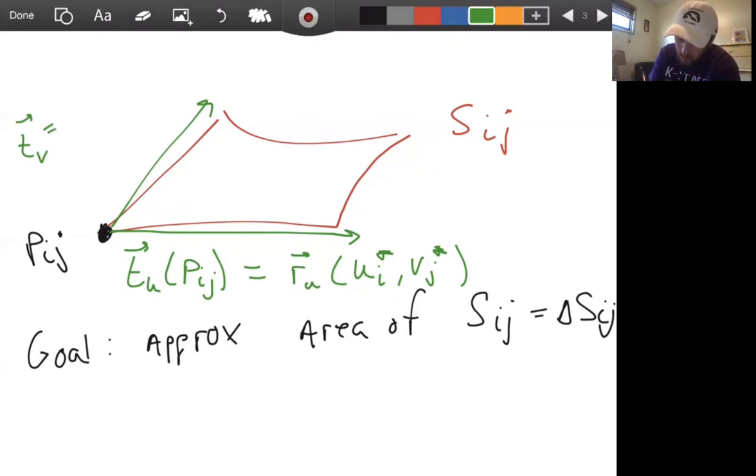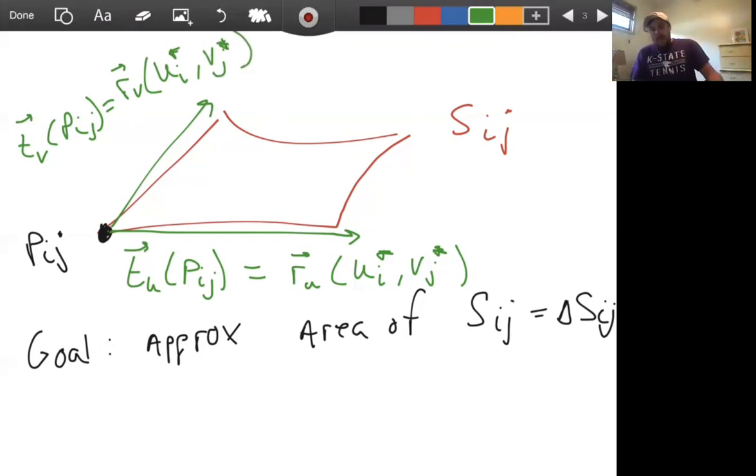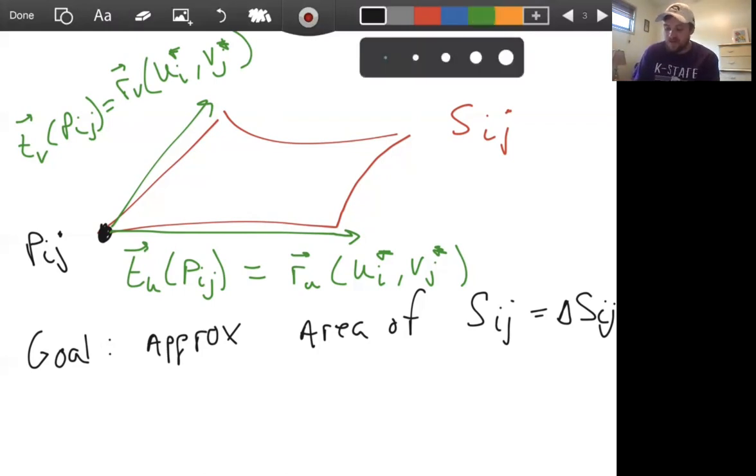This is tv of Pij, which is equal to the v partial derivative of r at ui star vj star. And you can see, to get a good approximation for the area of this Sij, we can find the area of the parallelogram spanned by Tu and Tv.